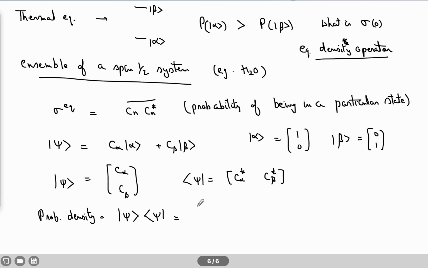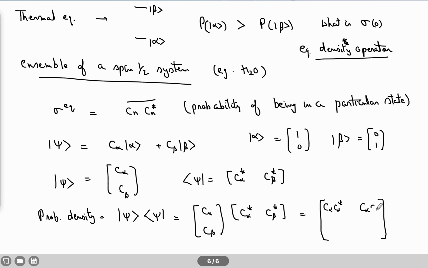So this can be now written as, so you have C alpha C beta times C alpha star C beta star, right? And now what I'll have here is a 2 by 2 matrix where I will have C alpha star C alpha, C alpha C beta star, C alpha star C beta, and C beta star C beta.